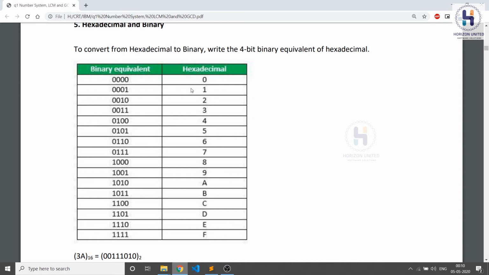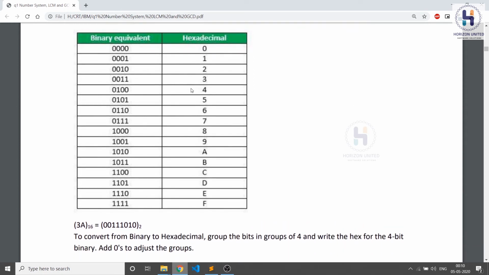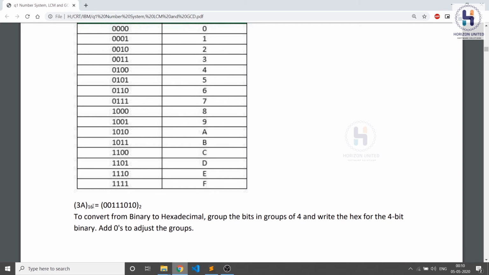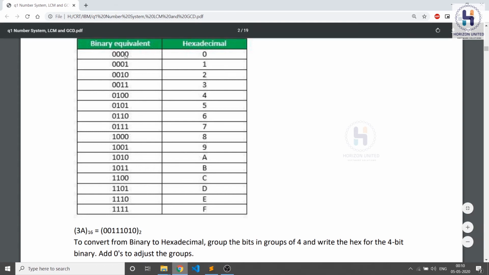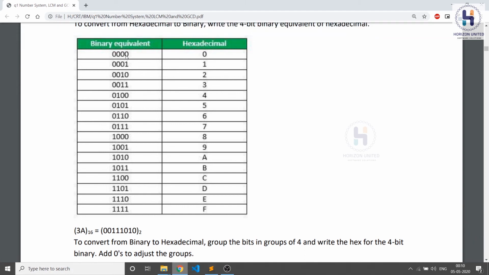In hexadecimal, here we're going to make use of this value, which is 3A to the base 16, and we have to convert it into its binary equivalent, right? Let's directly look into the binary equivalent table, and you already know how we can form these binary numbers: 0 0 0 0, 0 0 0 1, and so on, then 1 0 0, then 1 0 1.